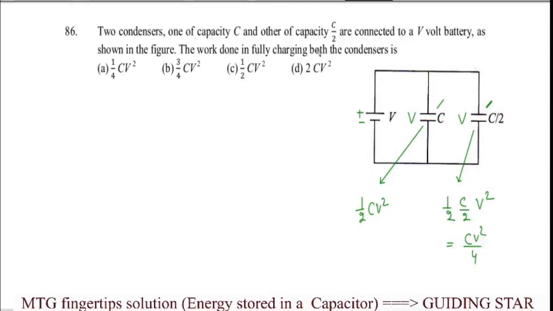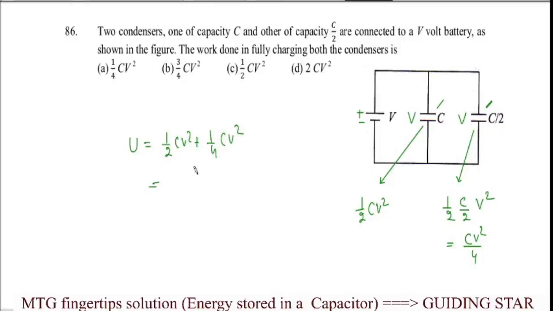So the total energy, or what is the work done in fully charging both the condensers? The total work done will be stored as total energy in the system. So that will be calculated by using total energy. How much will that be? It will be half CV square plus 1 by 4 CV square.